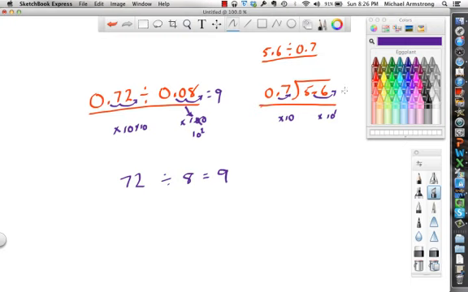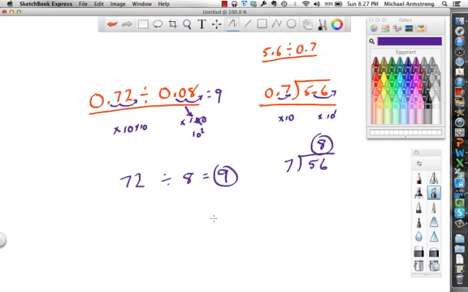So this one becomes 7 goes into 56, and 7 times 8 is 56. So the quotient is 8, okay, and the quotient over here is 9. Either way, it works out. We just have to move the decimal and move them the same amount in both the dividend and the divisor.